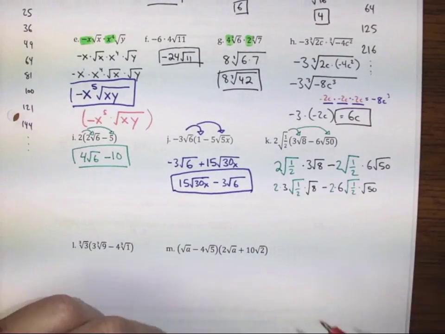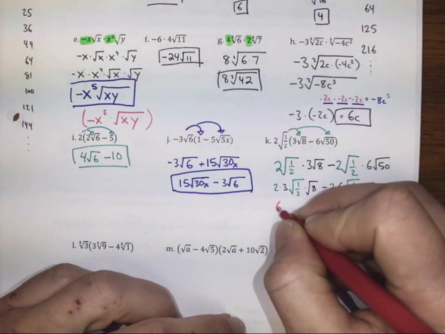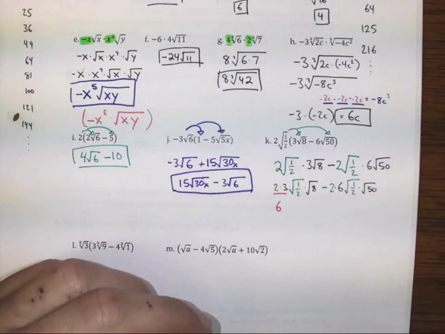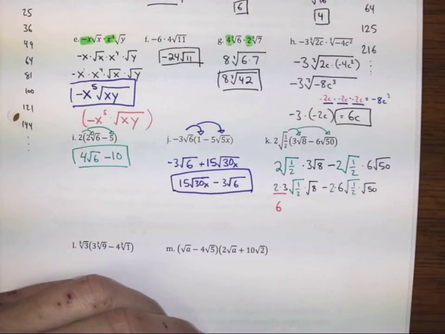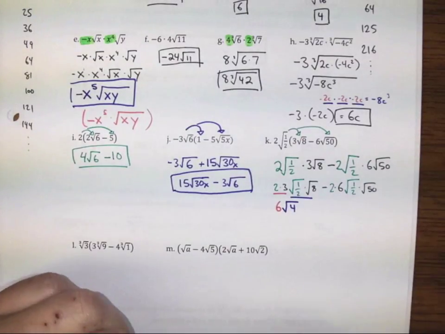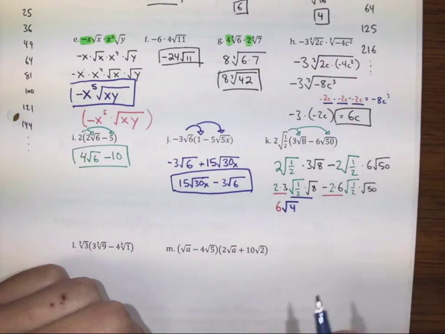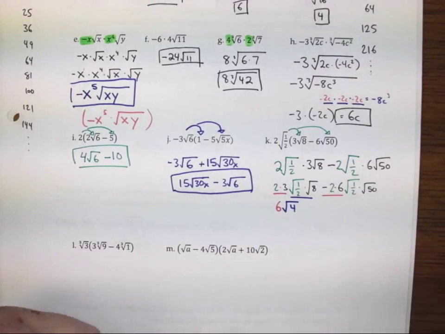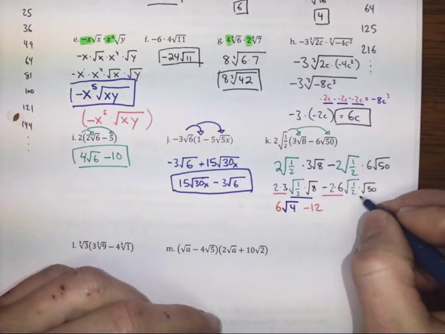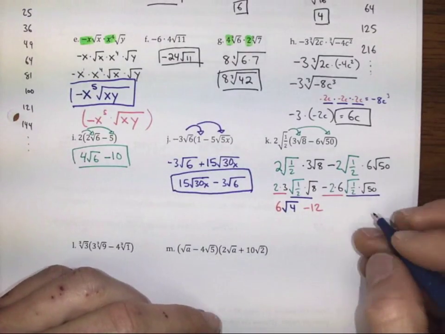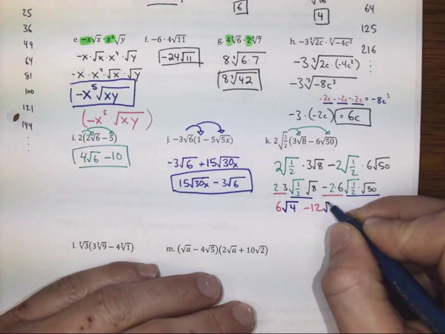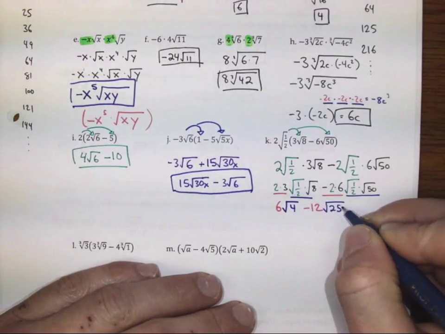Okay, so these guys come together, they just become 6. And 1/2 of 8, well, that's going to be 4. Pardon me, root 4. That's those guys. And I've got these guys, so that's going to be negative 2 times 6, which is negative 12. And this root 50 times root 1/2, well, that's going to become half of 50, which is the square root of 25.